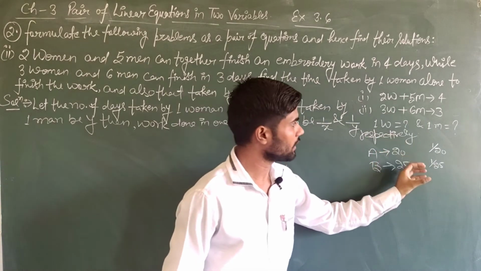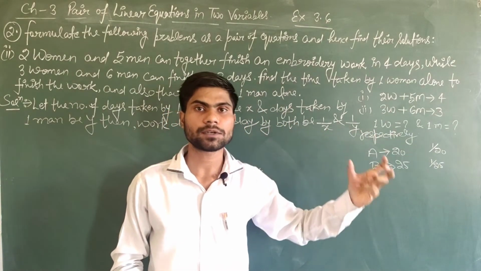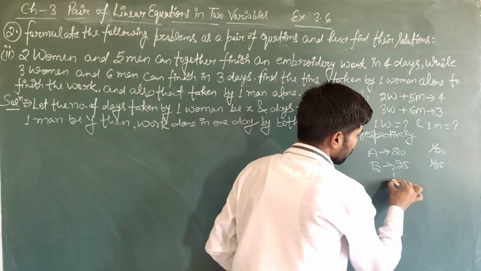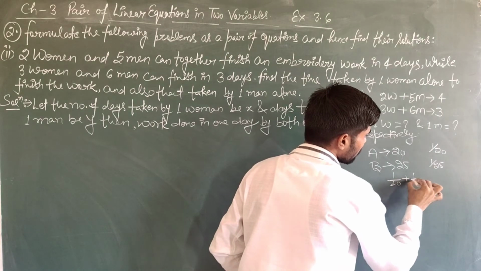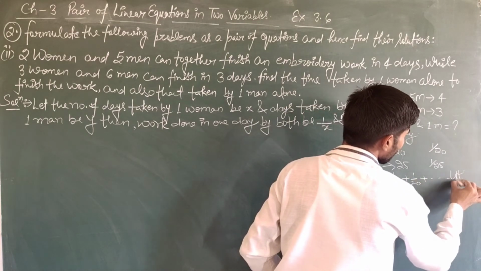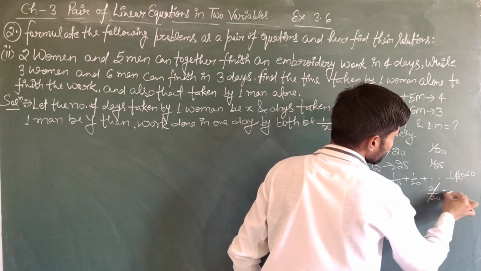If we add 1 upon 20 up to 20 terms, this will be 20 upon 20, means 1 work.